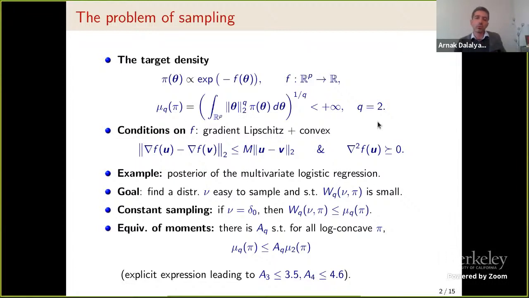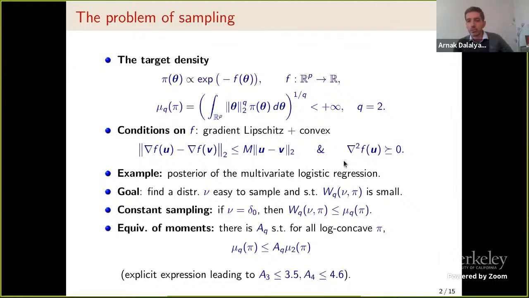We will also need some smoothness assumptions on f. The most natural one is just to assume that the function f is gradient Lipschitz. And as I've already said, the function f has to be convex, which means that if the Hessian matrix exists, then it should be positive definite.